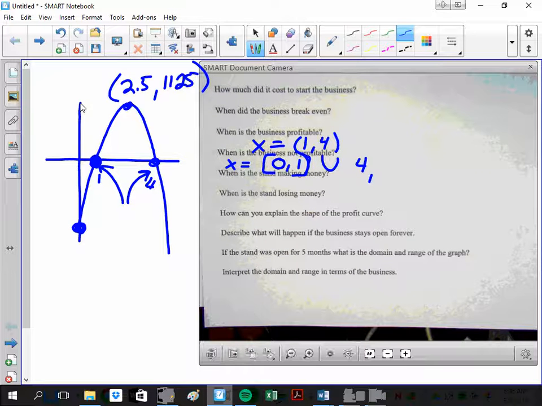It's the x-axis that we're looking at. So 4 to infinity, and once again, John got me. Is 4 not a point that is not profitable? Yes. So that would be a bracket, and infinity always gets a parenthesis. Okay. So next question. When is the stand making money?